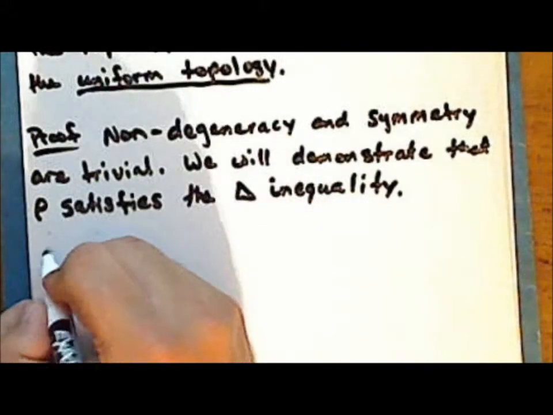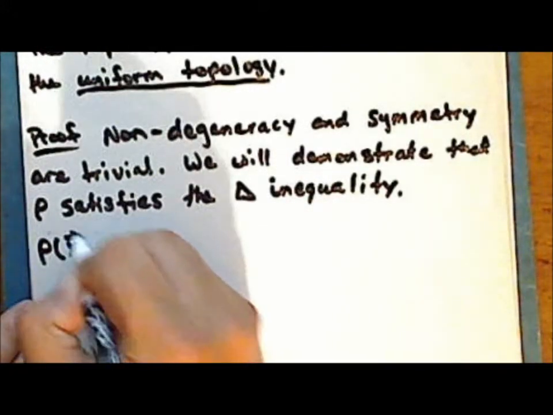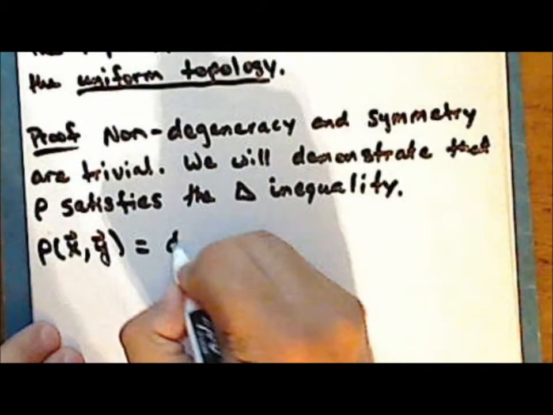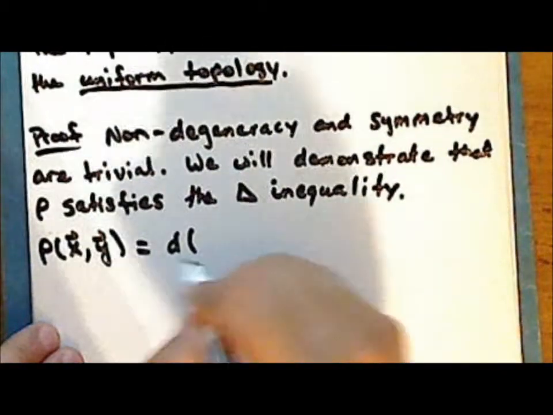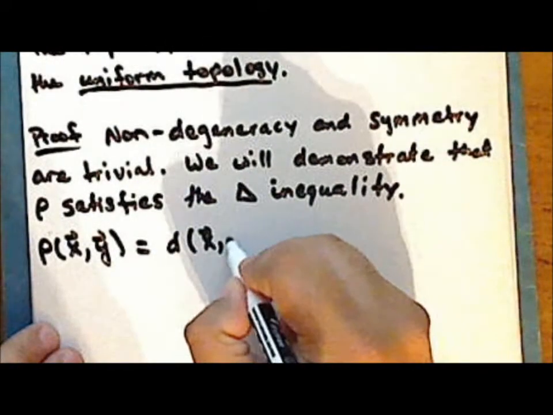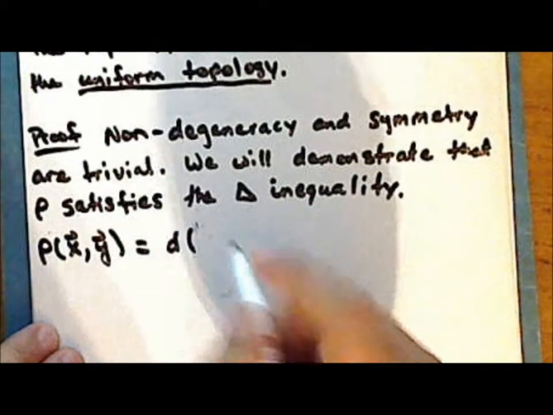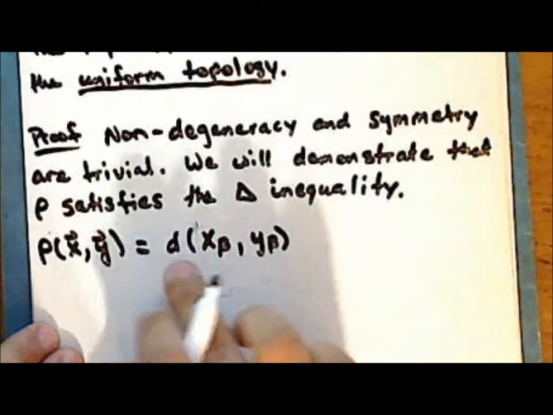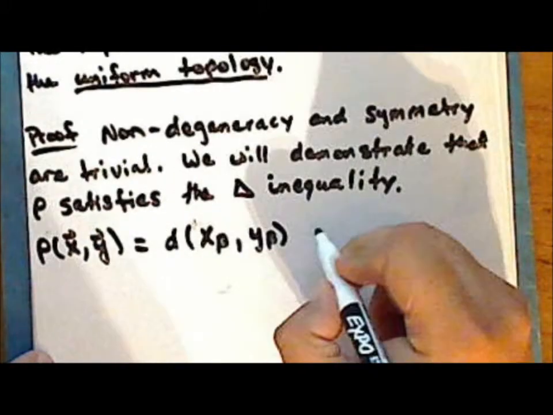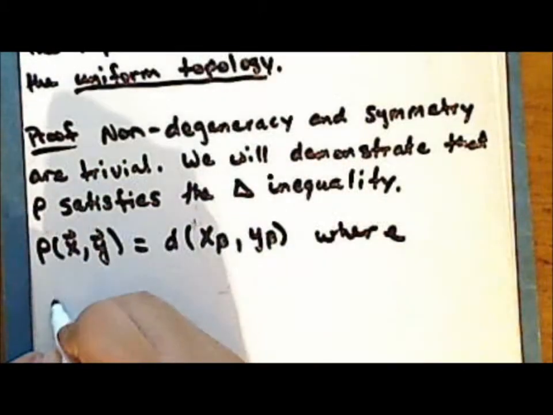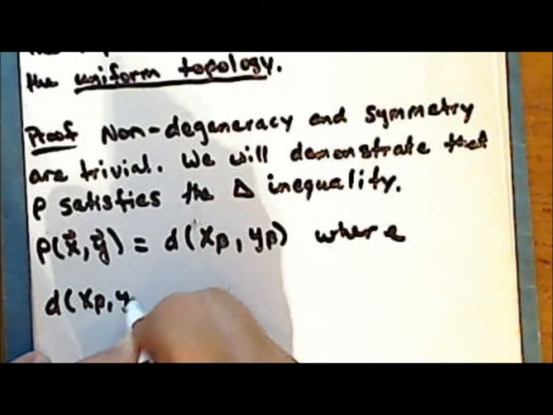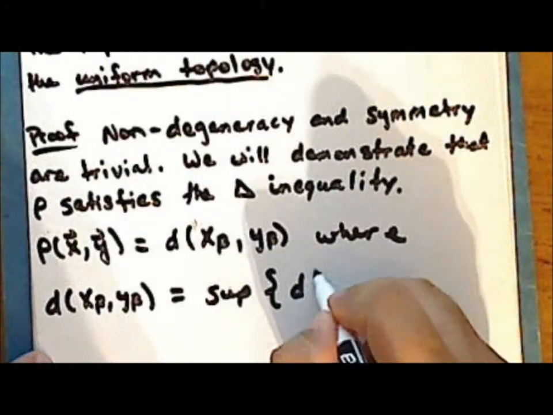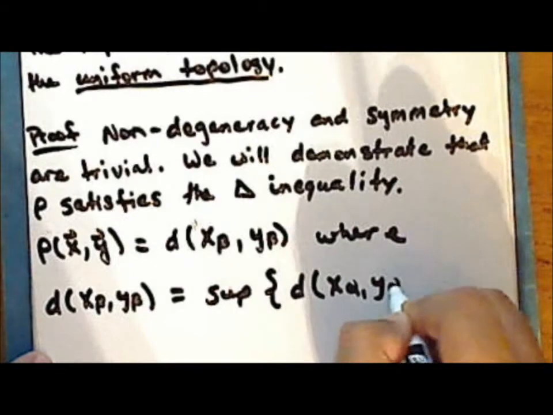Okay, so rho of x, y is the supremum of the distances between x and y in the metric d, which is the standard bounded metric on the real line. So this is d of x_beta, y_beta.